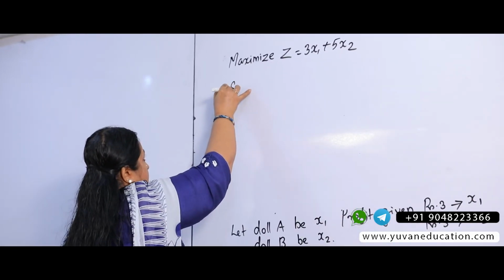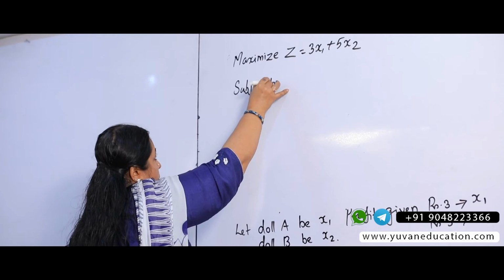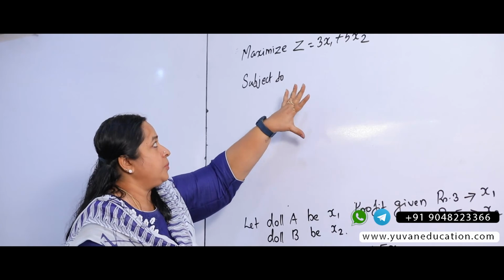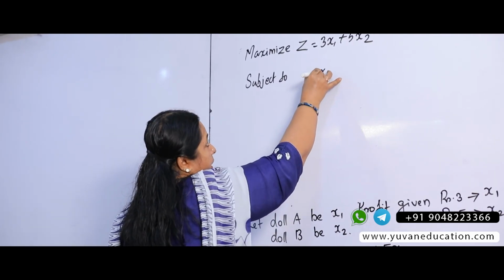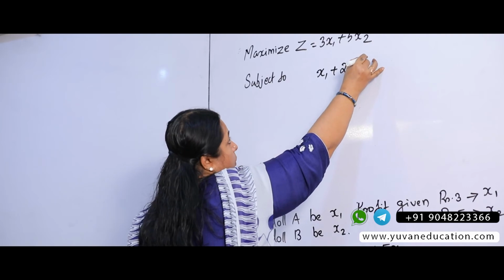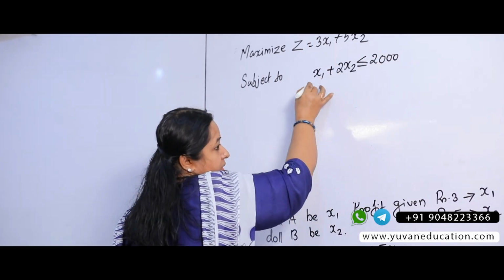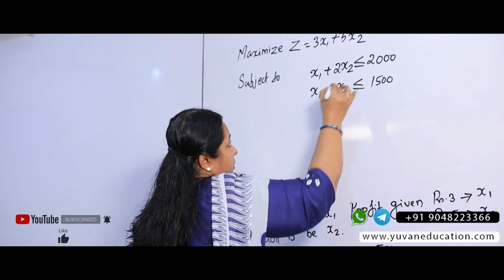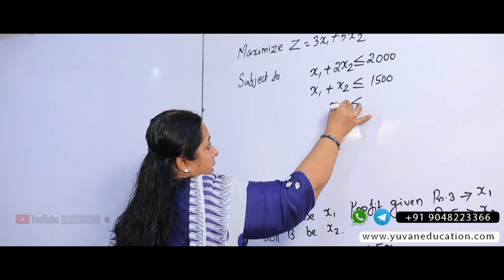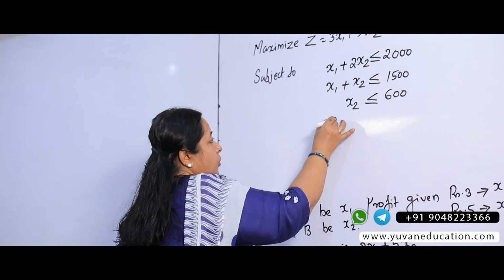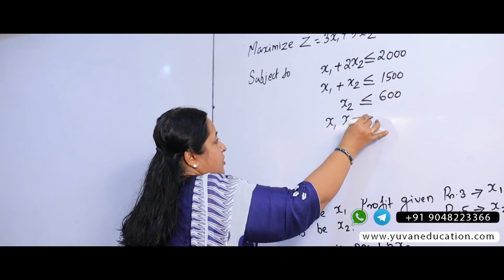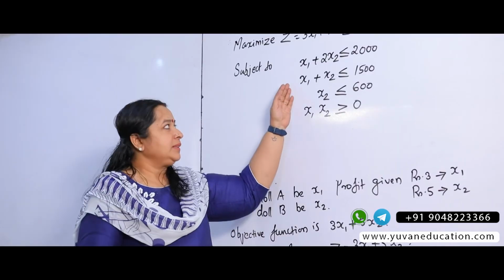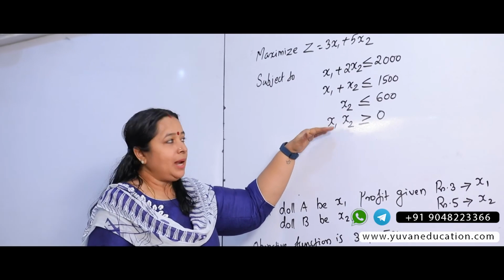It can be written as subject to x1 plus 2x2 less than or equal to 2000, x1 plus x2 less than or equal to 1500, x2 less than or equal to 600. And also you have to write x1, x2 greater than or equal to 0. That is the LPP. So this is the linear programming problem formulation.